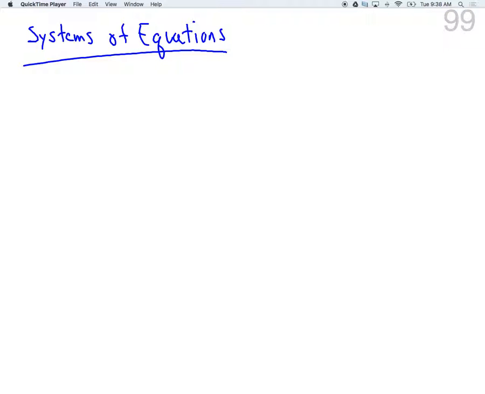Systems of equations look something like this. That look familiar?